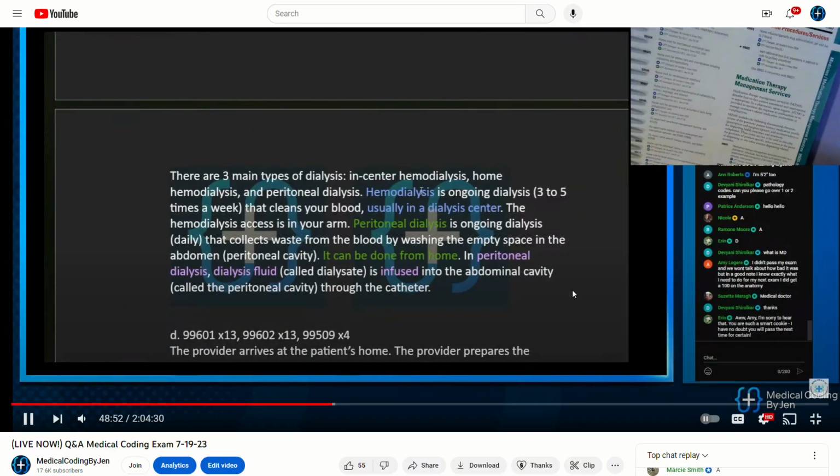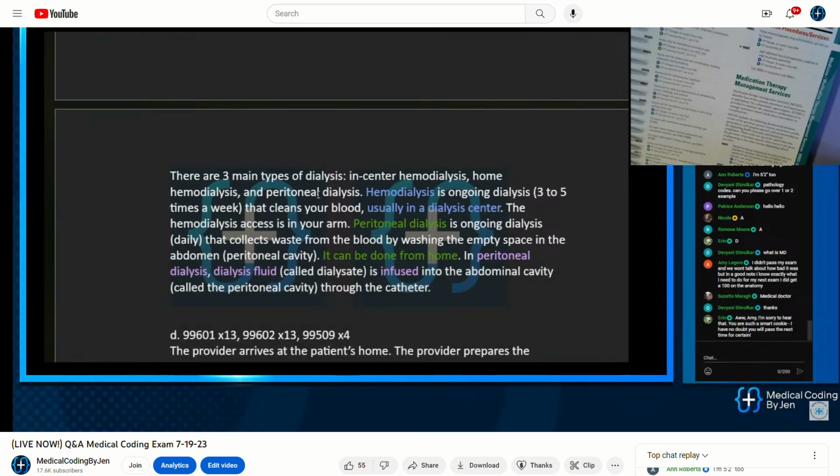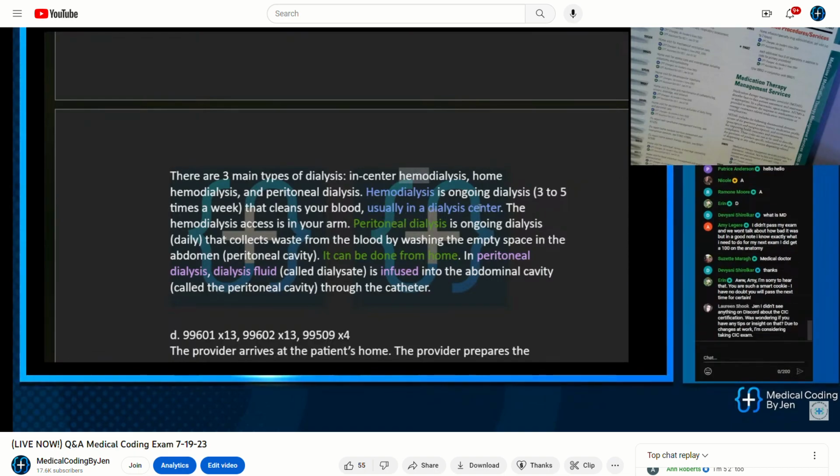Hemodialysis is ongoing dialysis. They do it 3 to 5 times a week. It cleans your blood, hemo, blood, right? And it's usually done at a dialysis center. Hemodialysis is accessed through the arm.